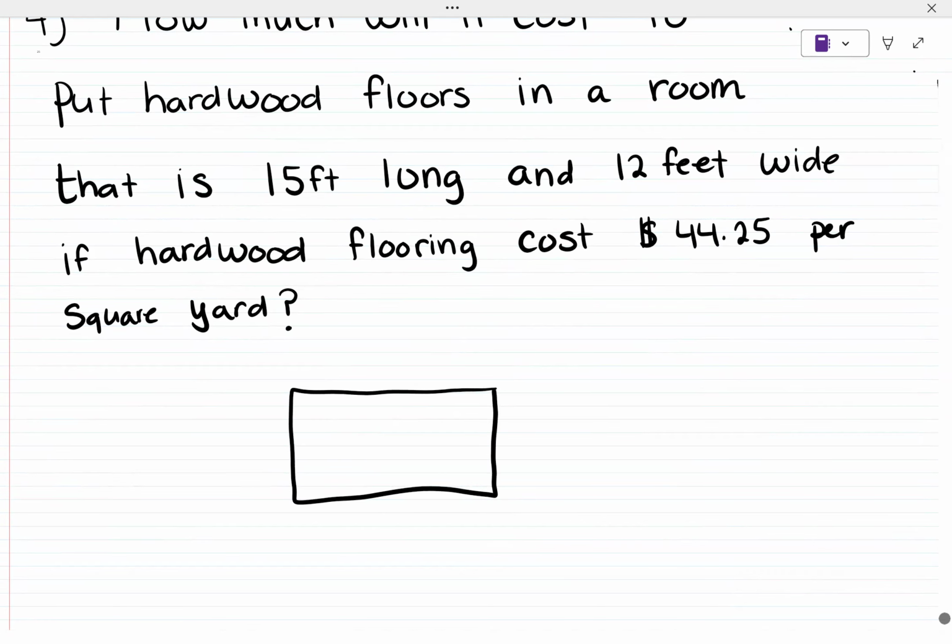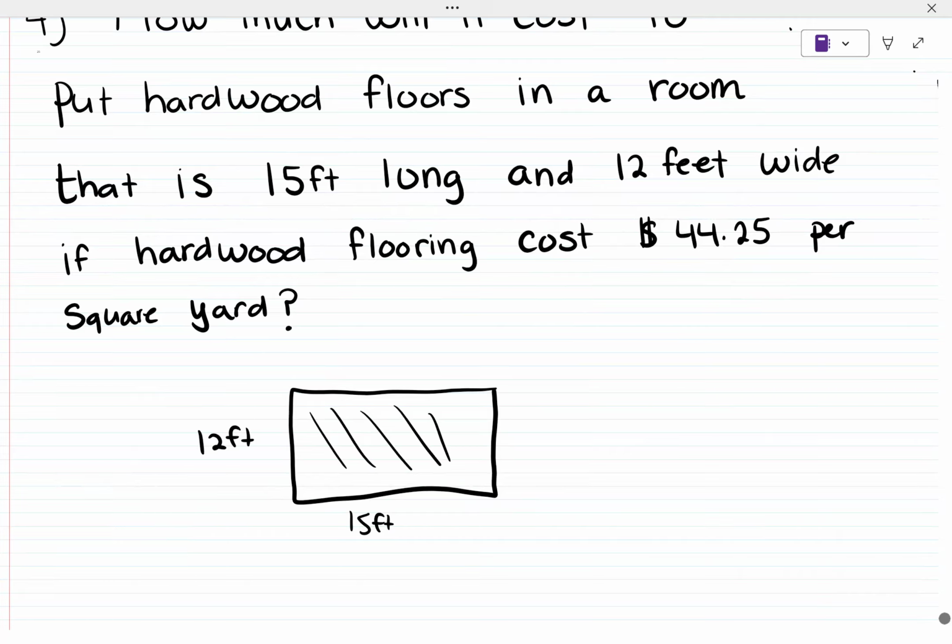And they're specifically saying it's 15 by 12 or 12 by 15. So this could be 15 feet, and then this could be 12 feet, right? And they want to know how much it would cost to put hardwood floors, which costs $44.25 per square yard.